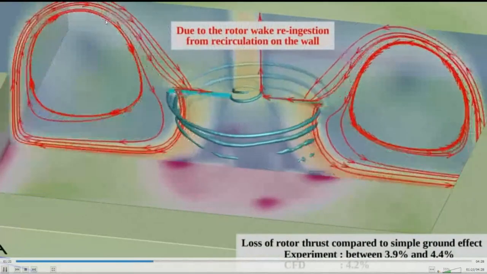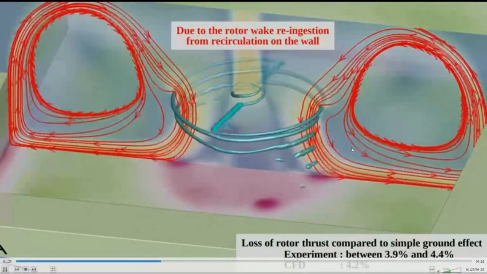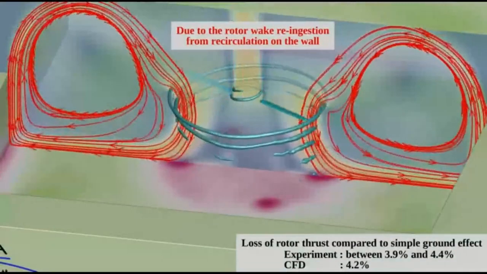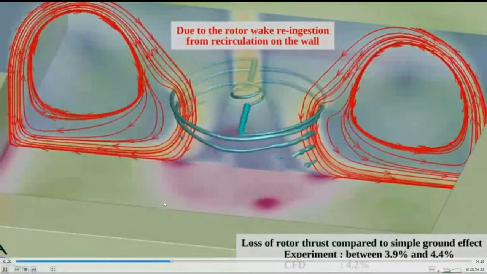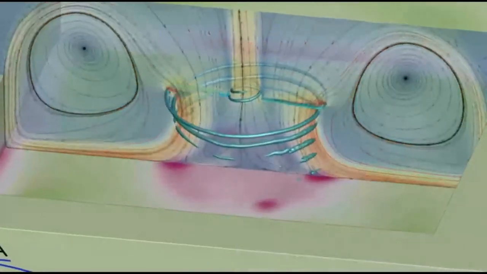So can you see that? The wake will be formed and it will be coming back to the rotor, and this will be like a recirculation. Okay, so loss of rotor thrust. So the rotor thrust will be lost.